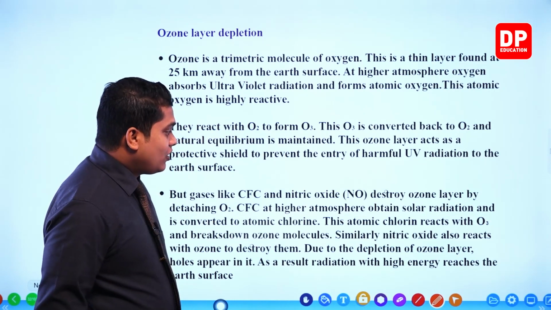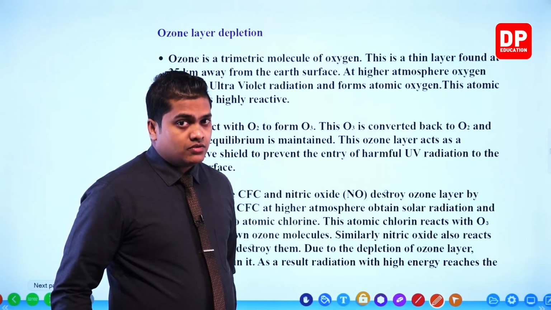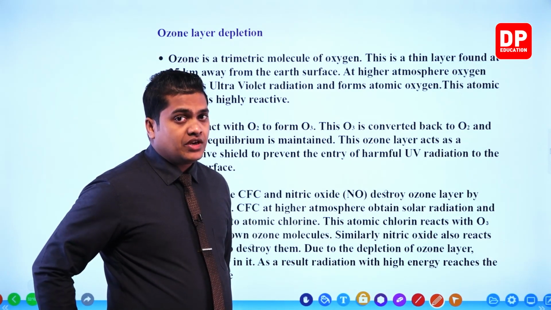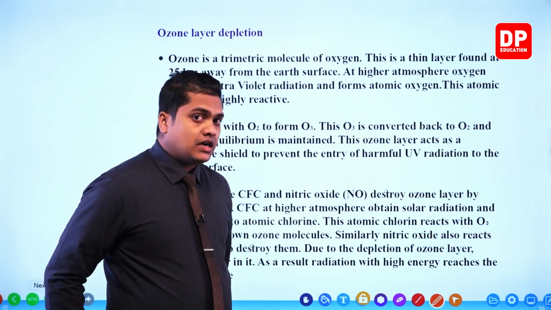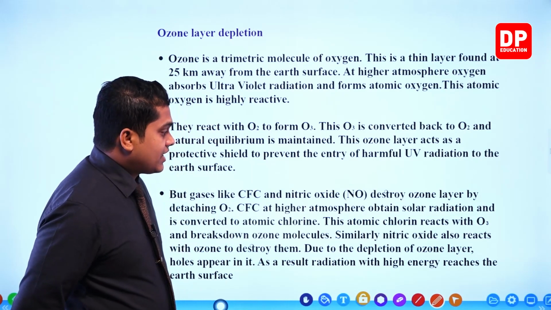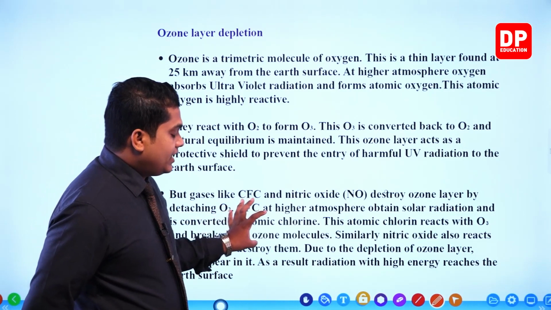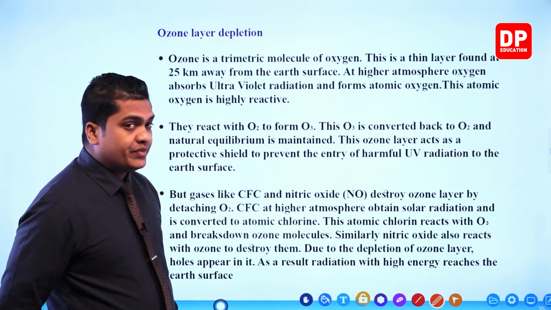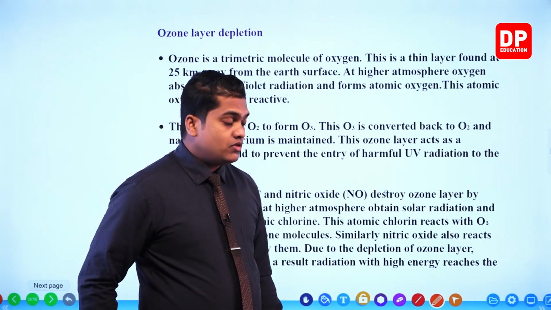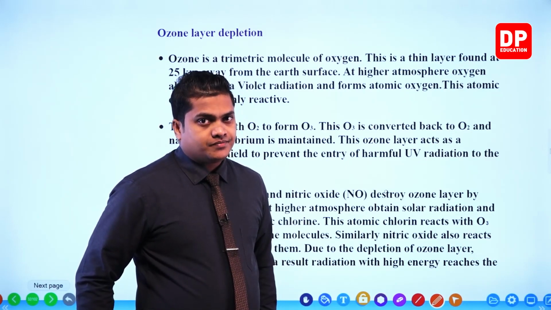This atomic chlorine reacts again with ozone molecules and breaks ozone into oxygen and other kinds of substances. In simple terms, CFC gas can break down into atomic chlorine, then atomic chlorine can break down the ozone layer by detaching oxygen.